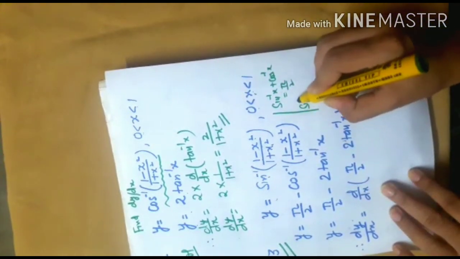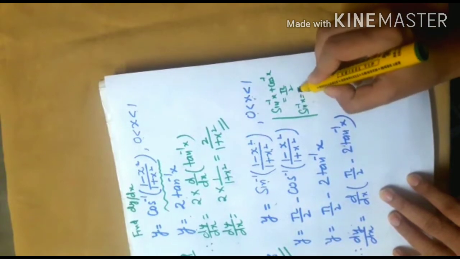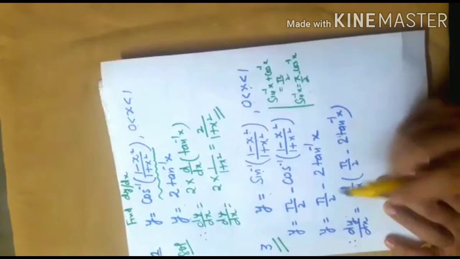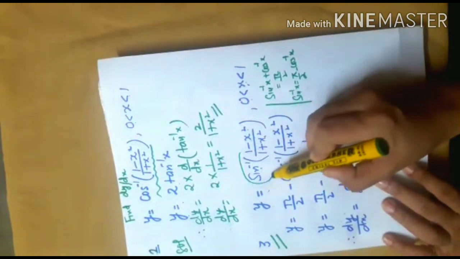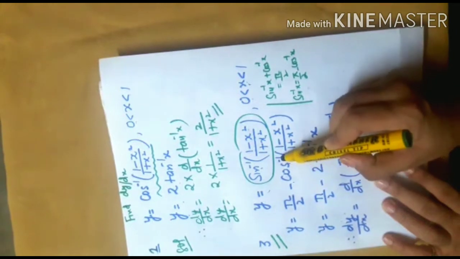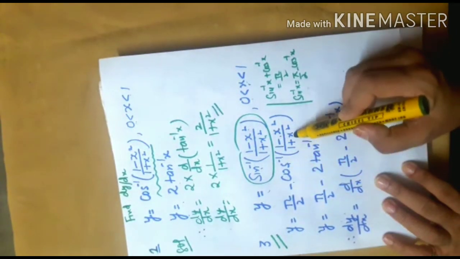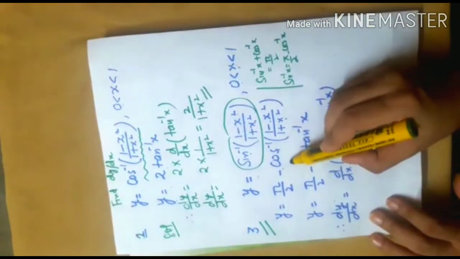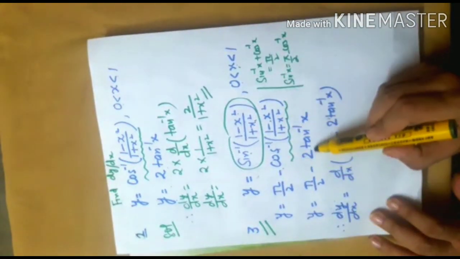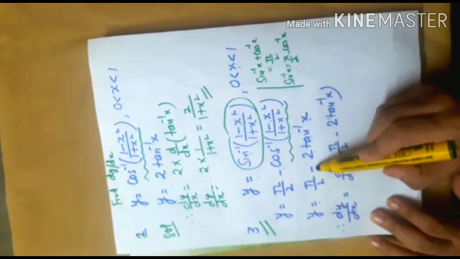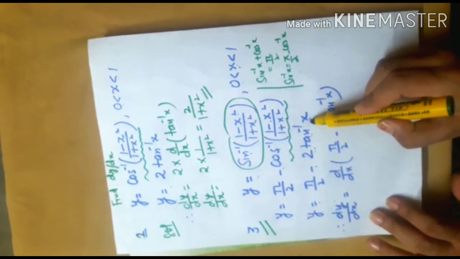So, sine inverse x can be written as pi by 2 minus cos inverse x. So, I can write this as pi by 2 minus cos inverse of 1 minus x square over 1 plus x square. Now, this is equal to 2 tan inverse x. So I'll get y is equal to pi by 2 minus 2 tan inverse x.